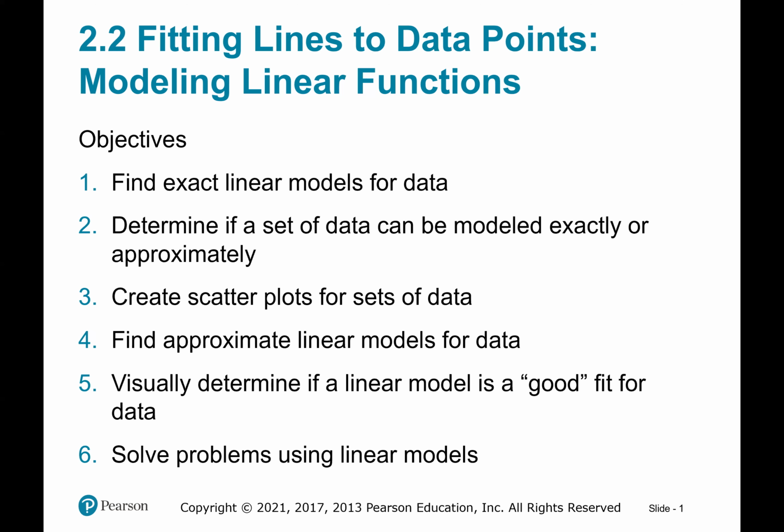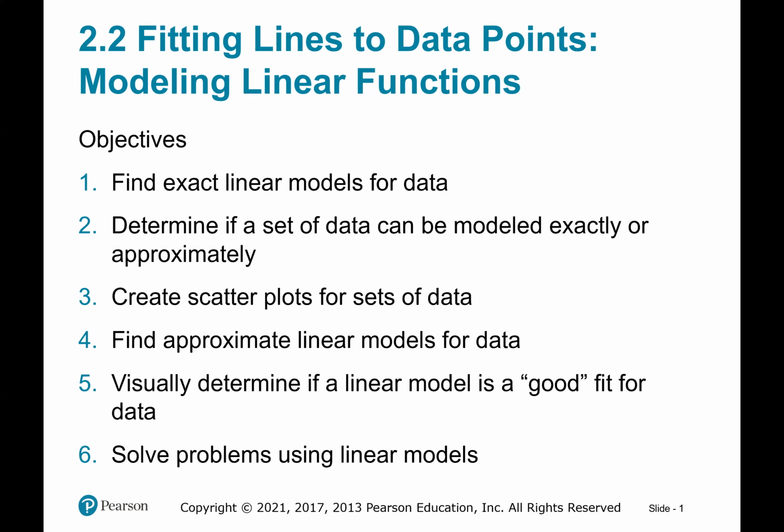So we do the same thing here, except our models are going to be significantly simpler to determine. So we're going to first find exact models for data. That means your data is exactly linear. And since it is exactly linear, you can find an equation that fits that data.